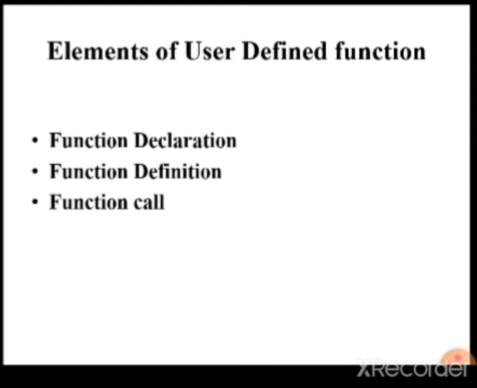A user-defined function has three elements: function declaration, function definition, and function call. Now, you have already studied declaring variables and declaring arrays. Before using a variable or array, we declare it.